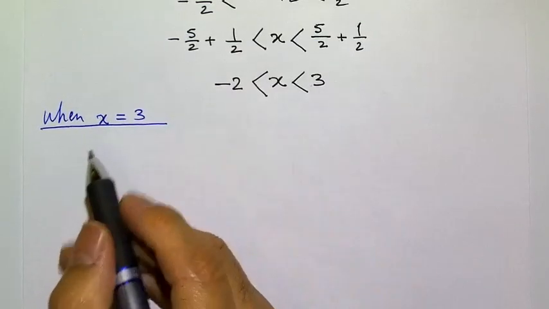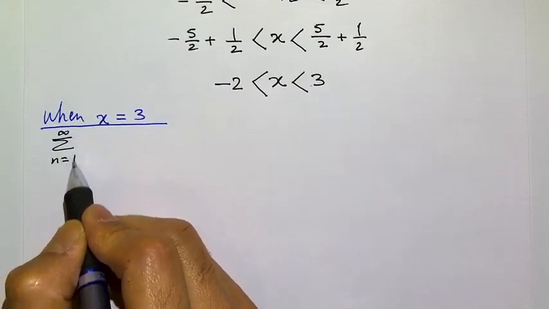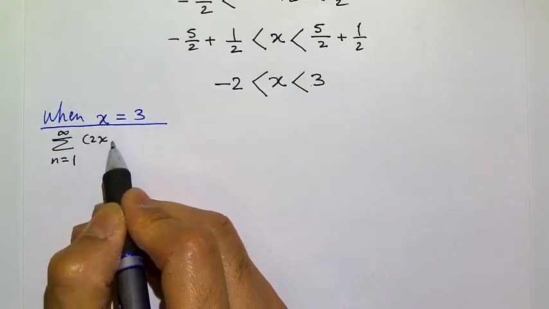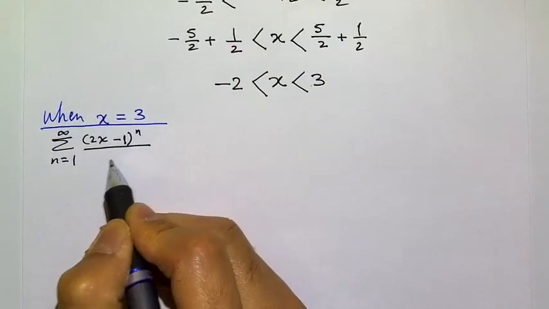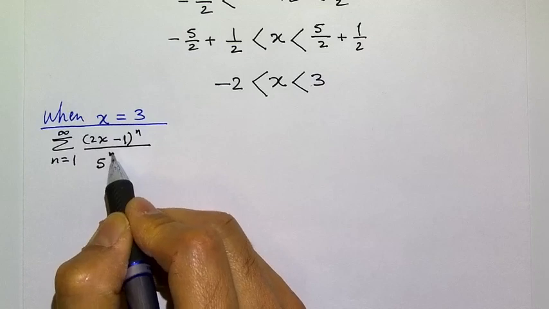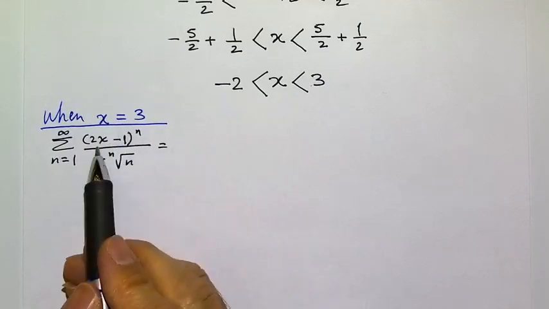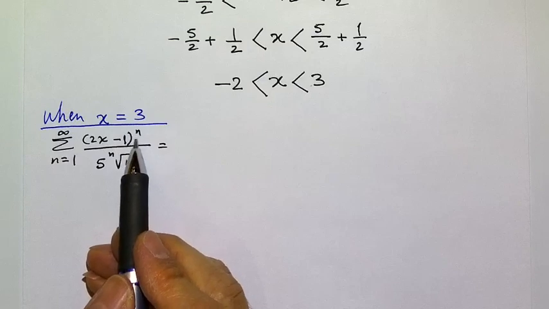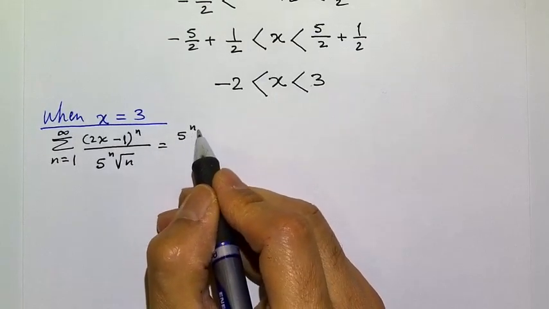So when x equals 3, our series reduces to (6 minus 1) to the n power, so 5 to the n power.